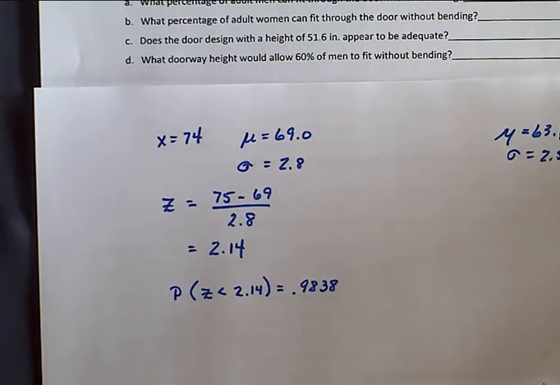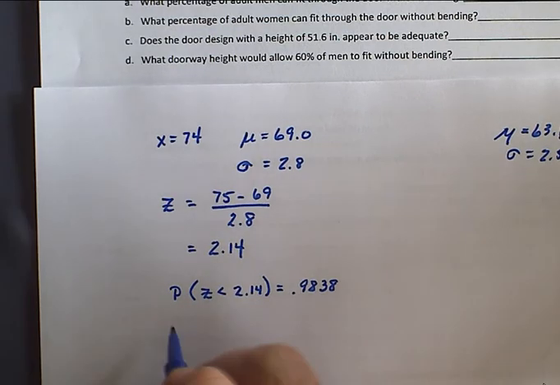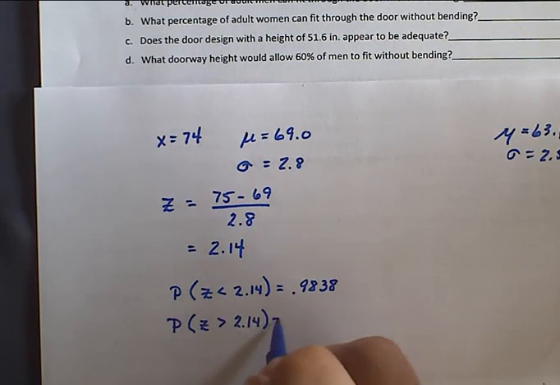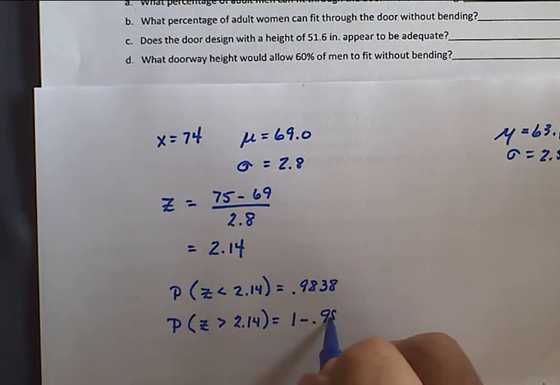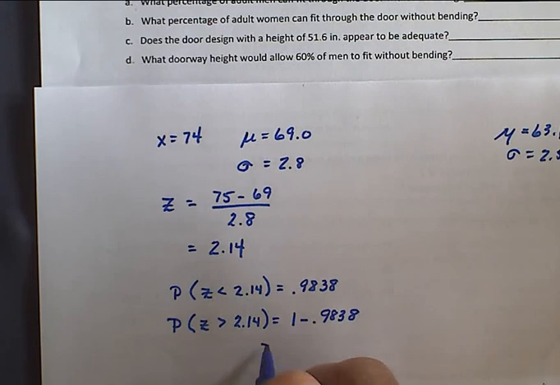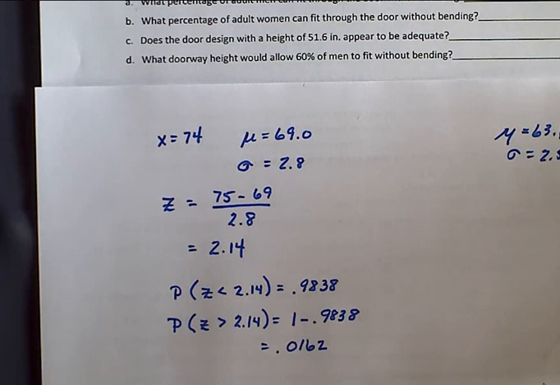So if you're a tall person, you've got to be greater than that. So the probability of Z greater than 2.14 is 1 minus 0.9838, which is 0.0162. Okay, so only about 1.5% of the population fits that category. Okay, which would make sense there. If it's going to be an exclusive club, it should have exclusive parameters.